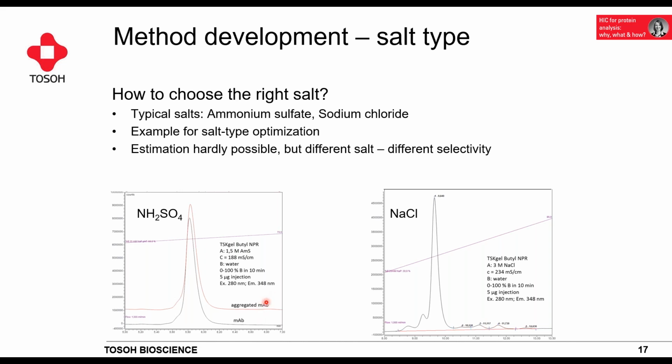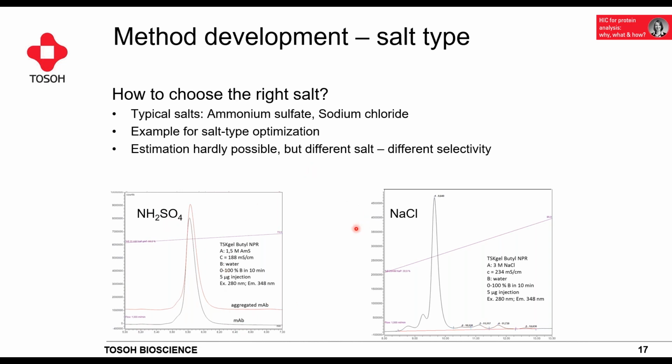And as I said initially, aggregates are more hydrophobic, fragments are less hydrophobic. So we should see a separation on there. But using, in this case, ammonium sulfate, we hardly see anything, neither in the mAb nor in the stressed mAb.